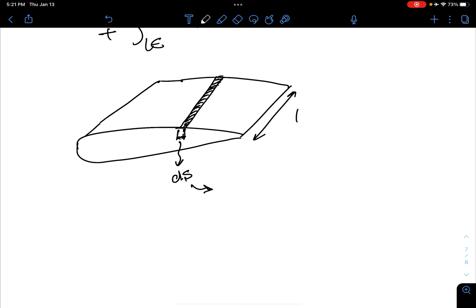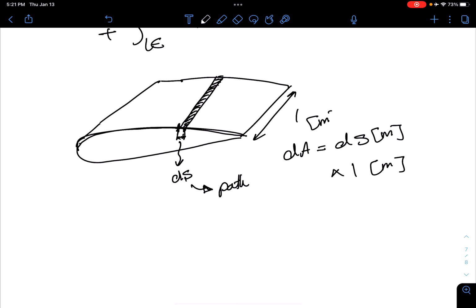S stands for the path. This shows the path, essentially, the path you are taking on this airfoil, right? And this small element of that path is called ds. Okay? So your area, or dA, is ds in meters multiplied by 1 in meters.